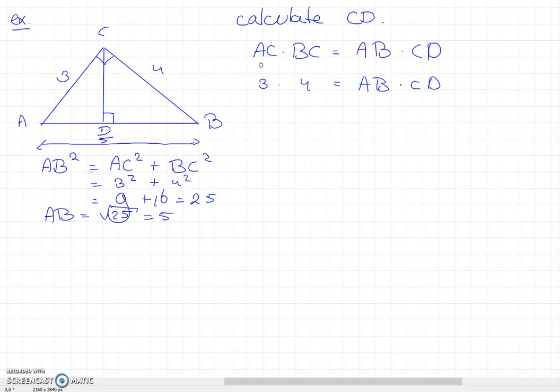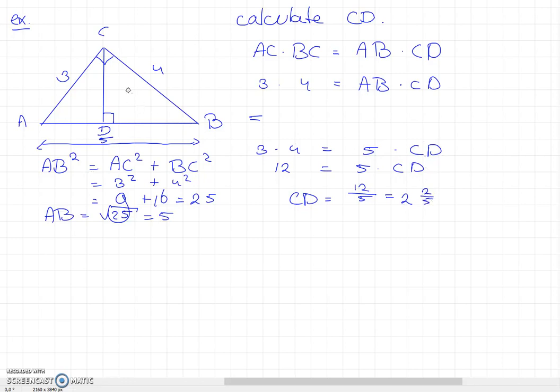We can use this when calculating CD. We had 3 times 4 is AB times CD. AB, as we know now, is 5 times CD. Now all we have to do is calculate 3 times 4, and then dividing both sides of this equation by 5 gives CD is 12 over 5, or 2 2/5.